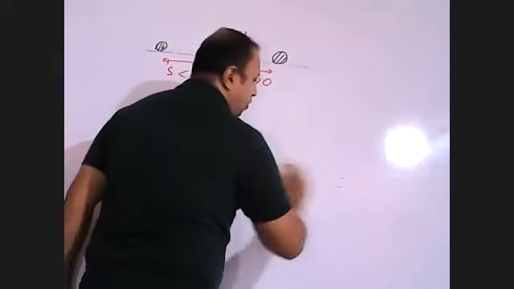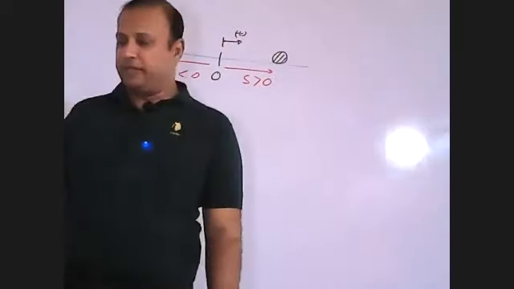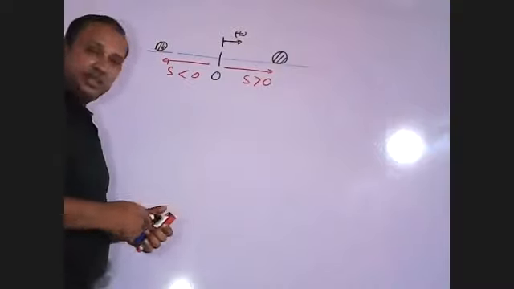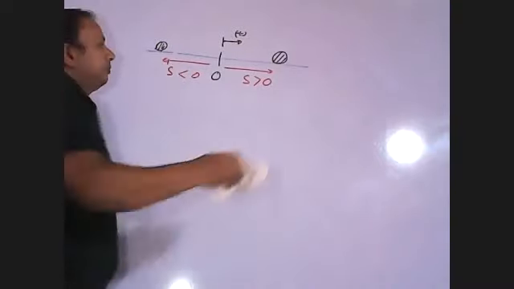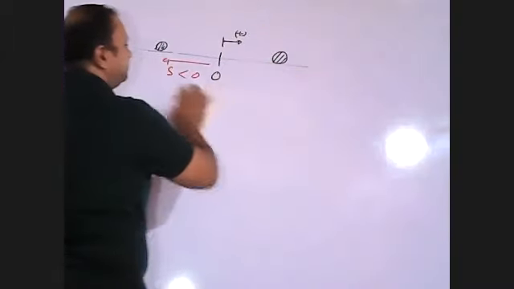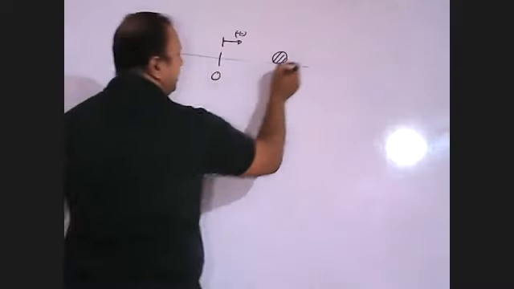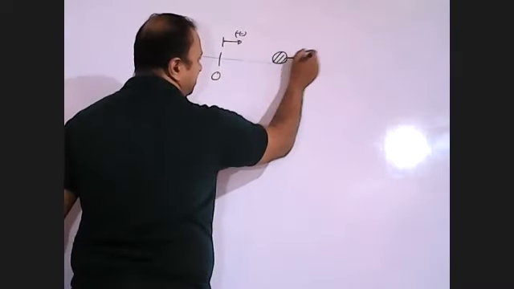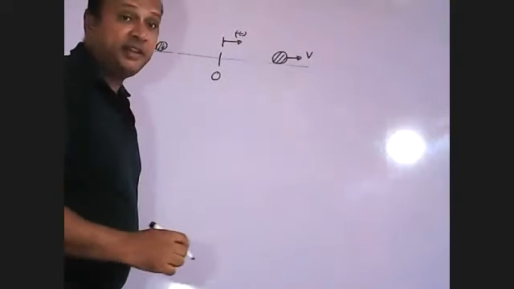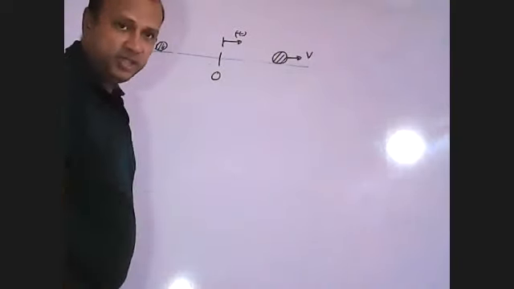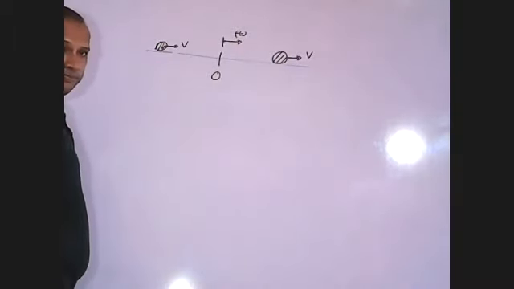Now we are going to discuss the direction of motion. Look at these two instances. Suppose I use the same diagram. This object is moving to the right-hand side, that means positive direction.